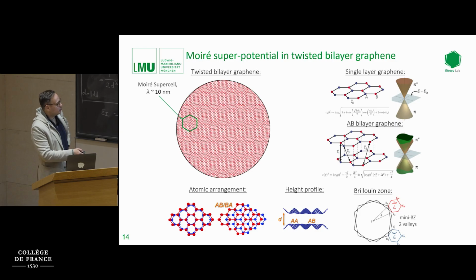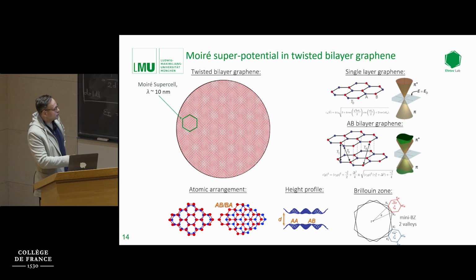We can define regions where the system can be approximated with AA stacking. If I look in the centers of these hexagons, it's more like AA stacking, and then they smoothly transition into AB stacking and so on.